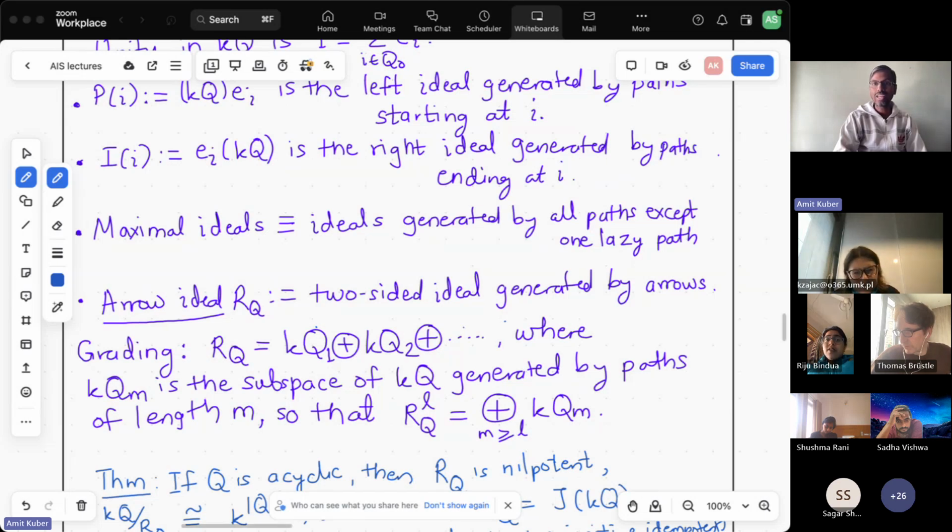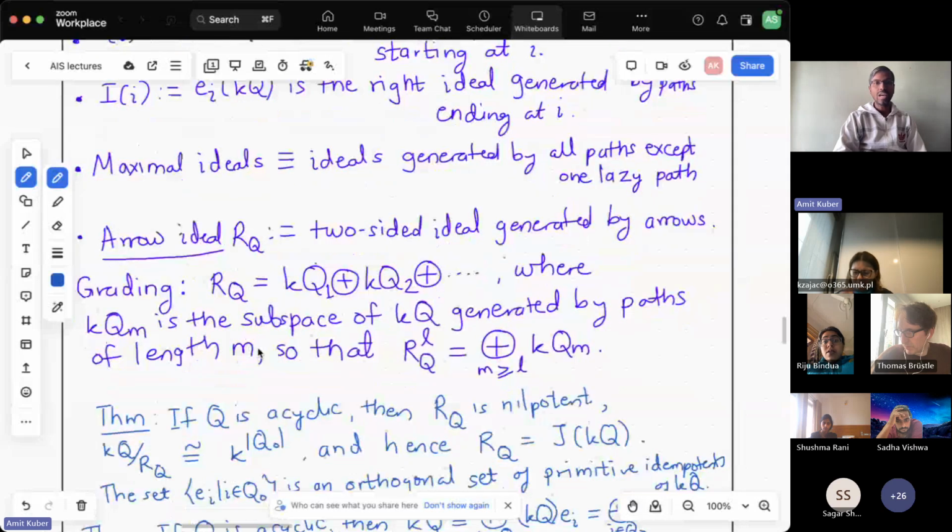This gradation helps us understand a finite power of this arrow ideal as well. It is simply the direct sum of KQM where M is at least L. This particular direct sum is closed under multiplication by arbitrary elements on either side. So what can we say about this?